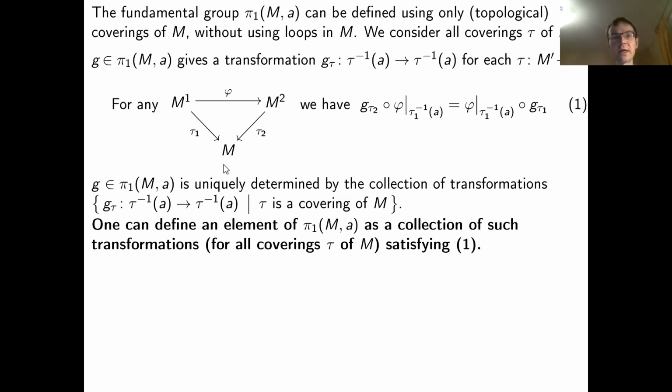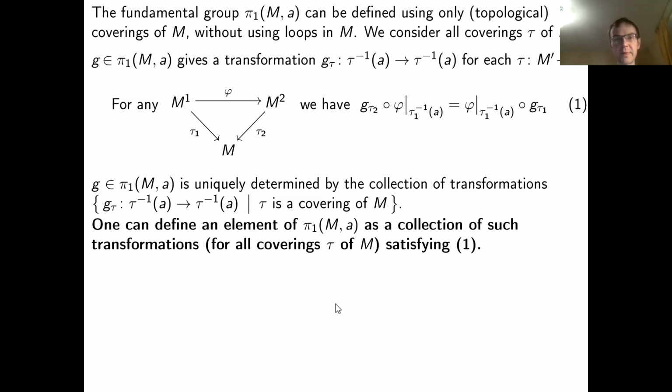And this works for any manifold M, which can even be non-connected. In principle, M may have several connected components. Never mind, the approach works: if we fix a point A and consider a group defined in this way, it will always be exactly the fundamental group.